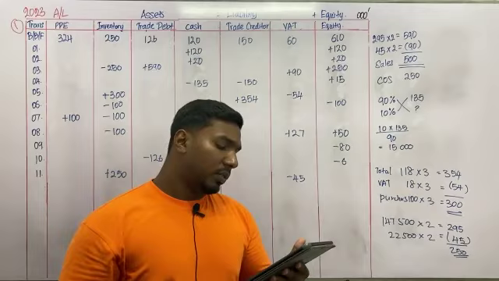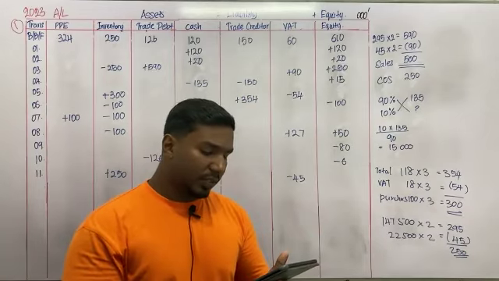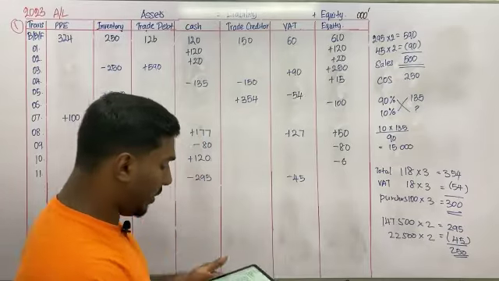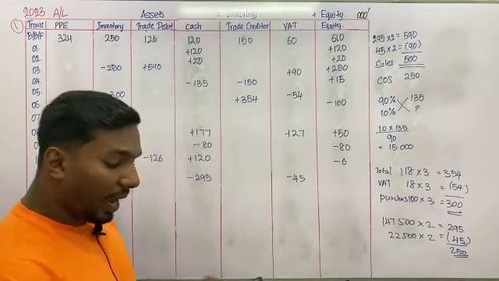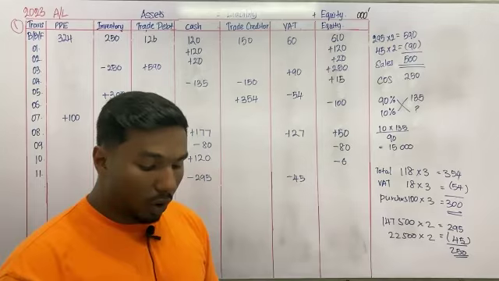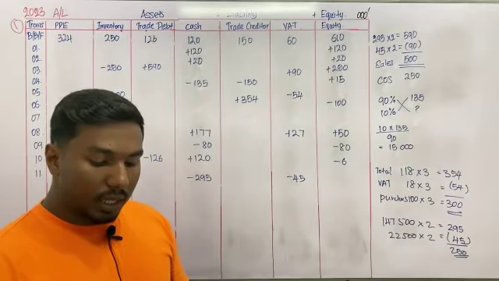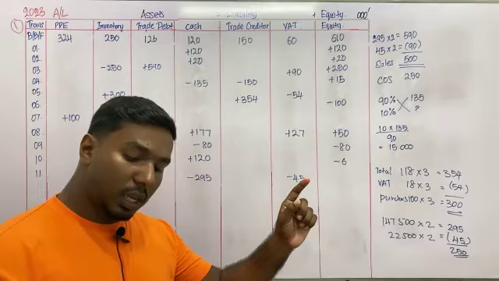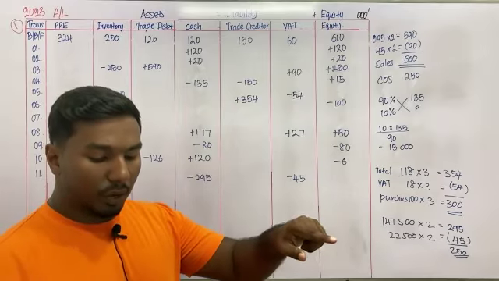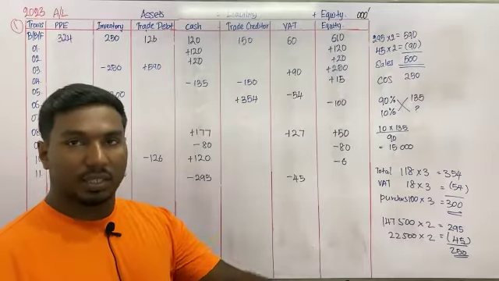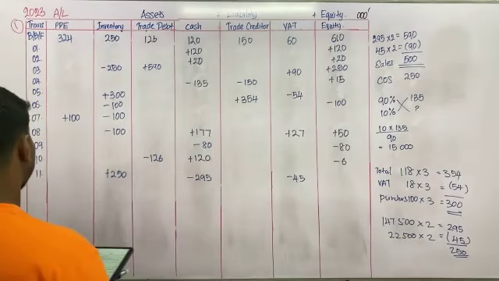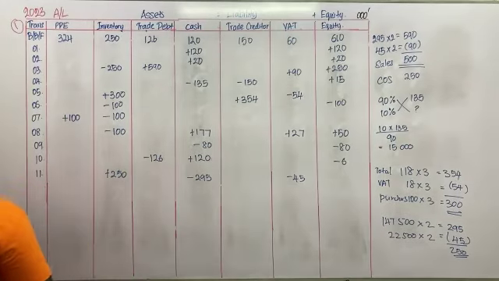Transaction number 12. Closing inventory as at 31st March 2024 was measured at its net realizable value of 200,000. The difference between the cost and the net realizable value of the inventory was recognized as an expense. So what is the actual value of the closing inventory here?